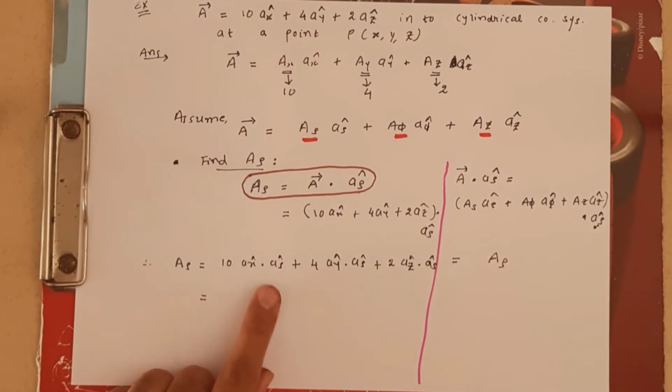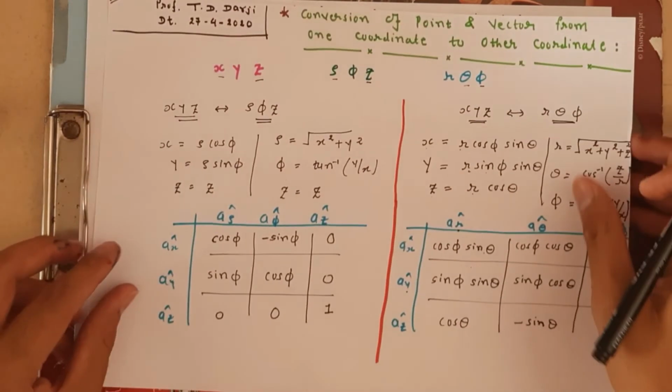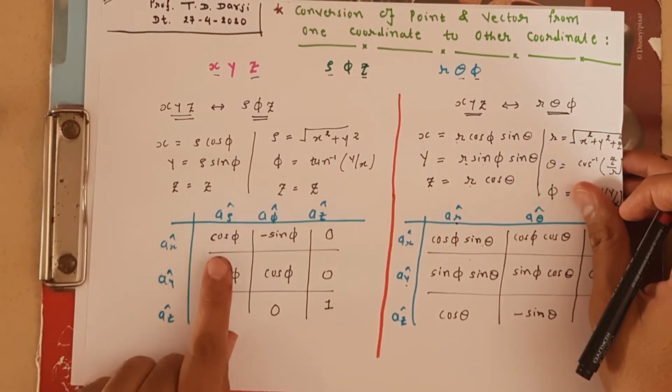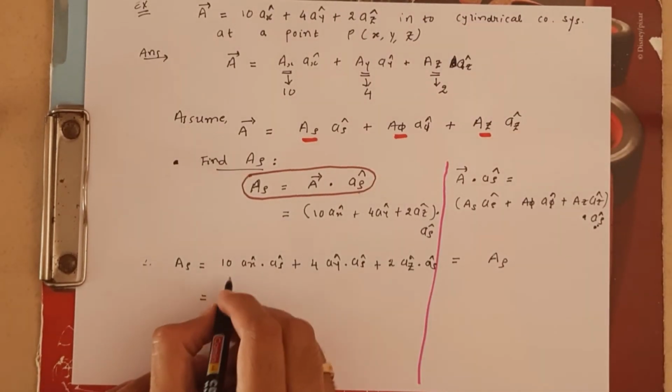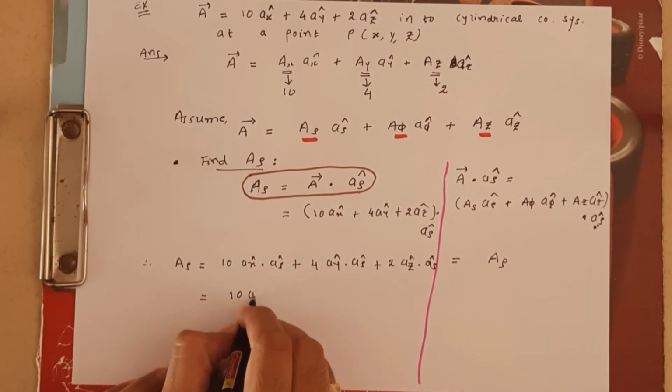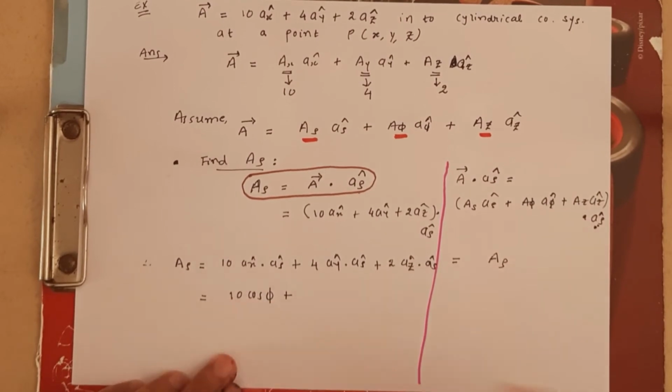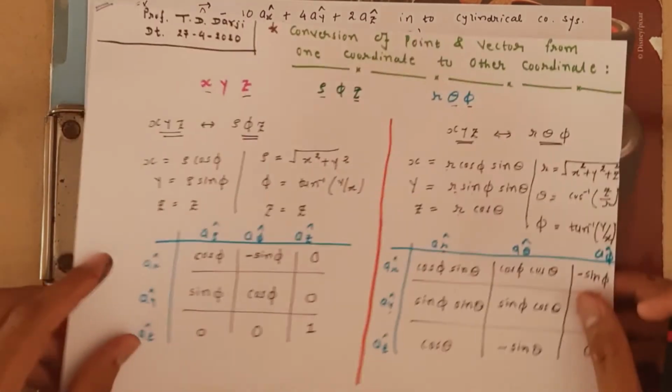Okay, so what is ax dot aρ? You can see here ax dot aρ answer is cos phi. So it is tan cos phi plus ay dot aρ.